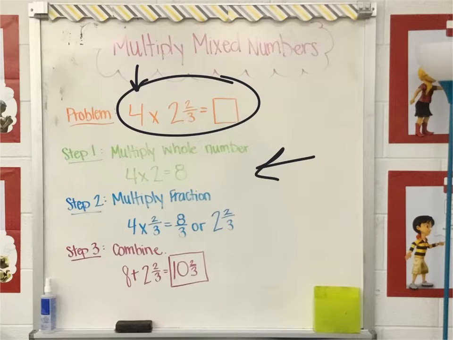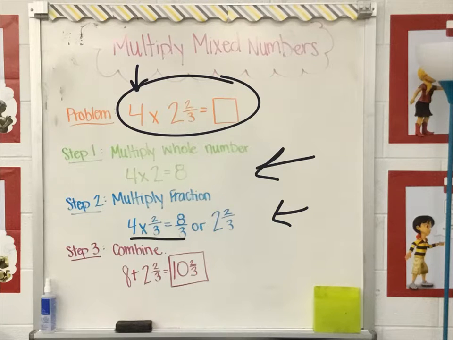Pretty straightforward. Again, we have lots of knowledge about multiplying simple whole numbers. Step 2 is where we are going to take our fractional part and multiply it again by that first factor. So in this example, it's 4 times 2/3, and of course we multiply 4 by the numerator, so 4 times 2 equals 8, and our denominator stays the same.